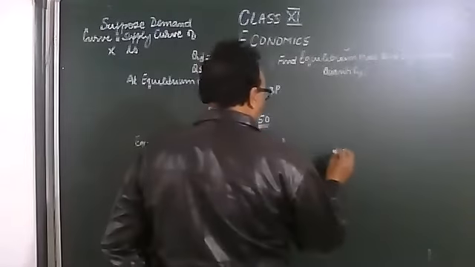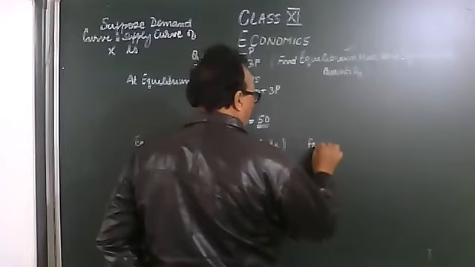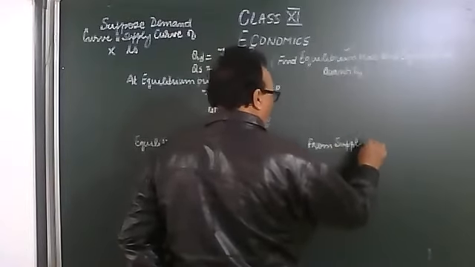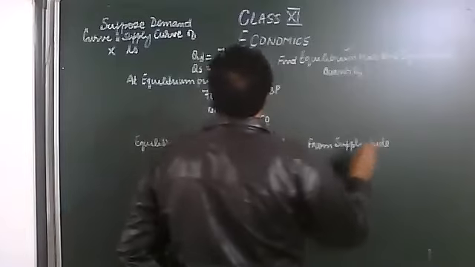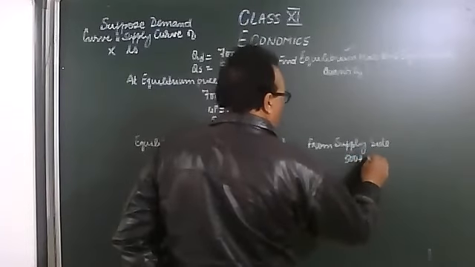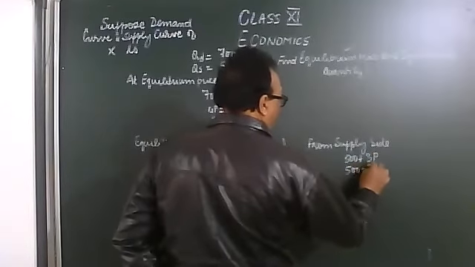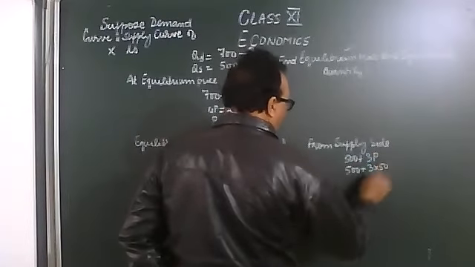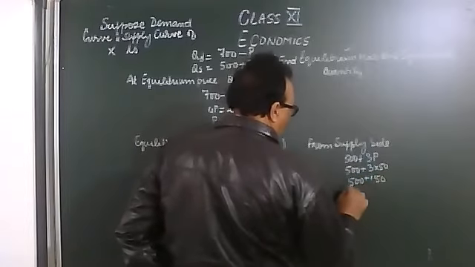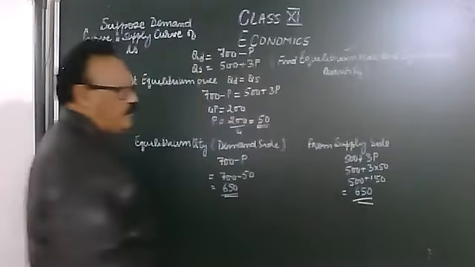Suppose we take out the quantity from the supply side. What is the supply side? 500 plus 3P, that is 500 plus 3 into 50, that is equal to 500 plus 150, and that is equal to 650.